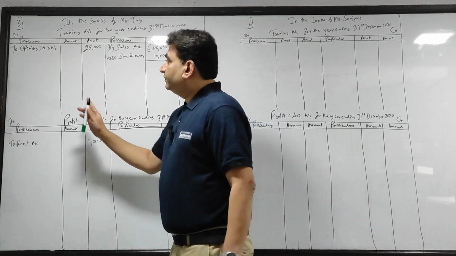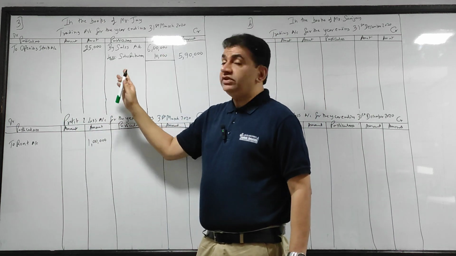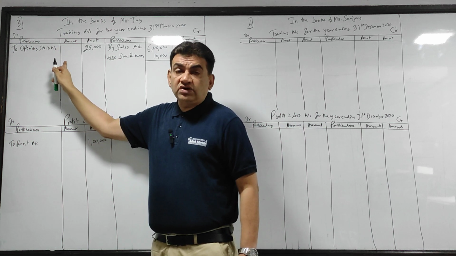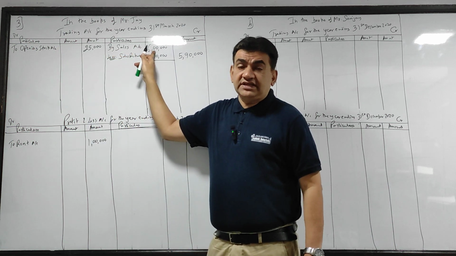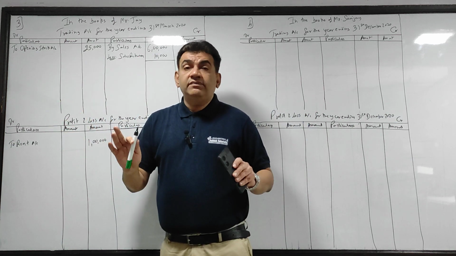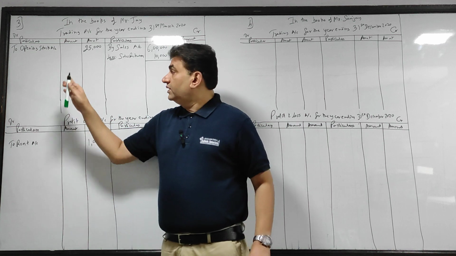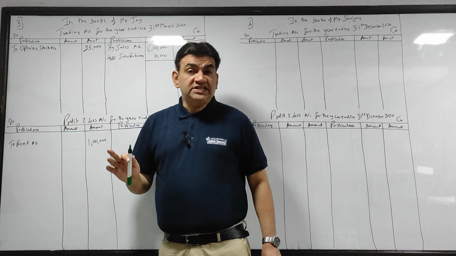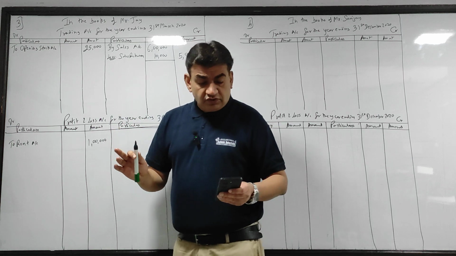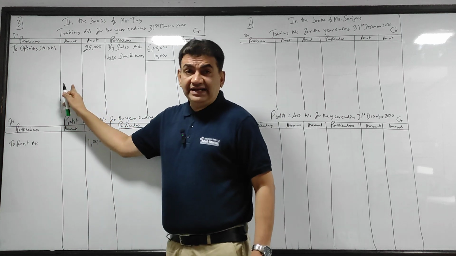Now listen, when you write trading, I told you in the previous class, debit side will start with opening stock, credit side will start with sales. After opening stock, of course there is no legal order, but you will keep this trend. Opening stock के बाद हम लोग purchase लिखेंगे. In this sum there is purchase return also. So what you do? Carriage inward we have to write here.